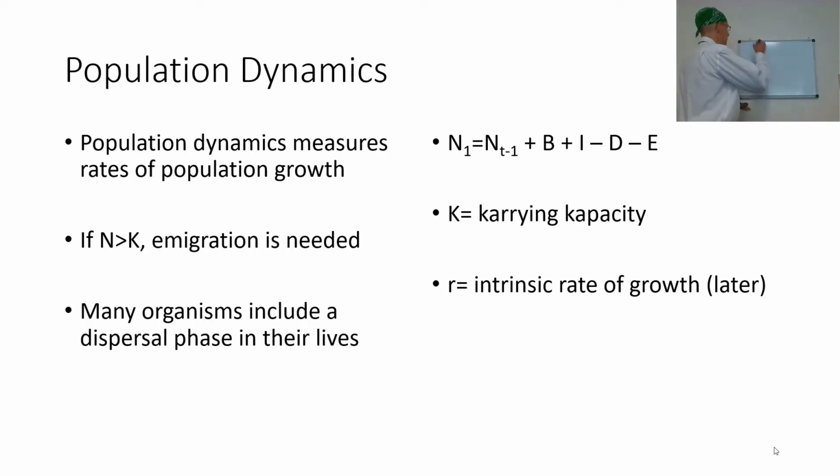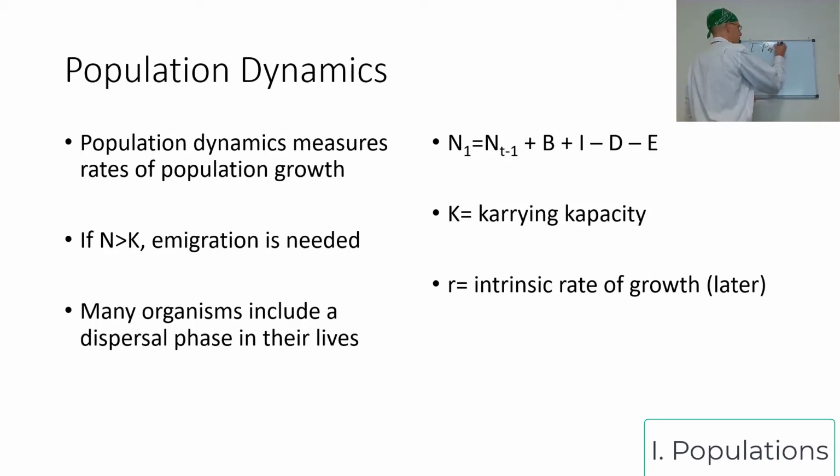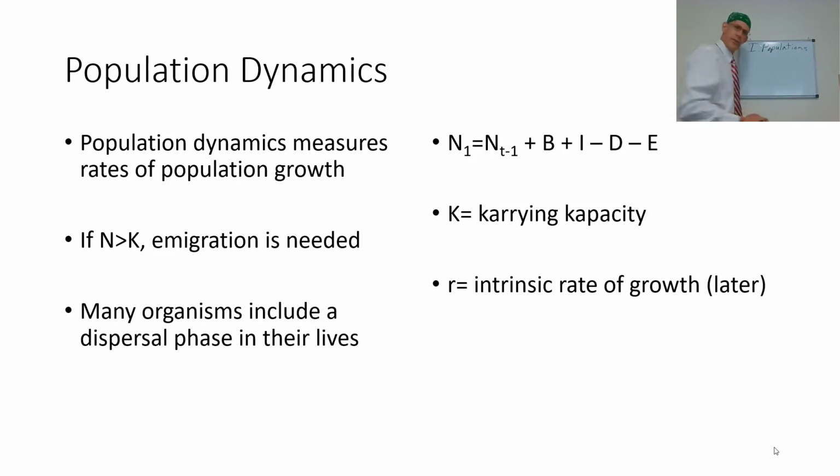So, populations. Seems like a sensible space to start. Is it too crowded? Do we need to move somewhere else? Population dynamics is a field of measuring rates of population growth. The logistic and exponential growth are covered in a different lecture.